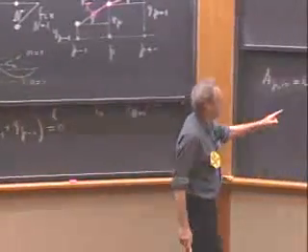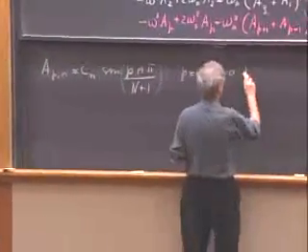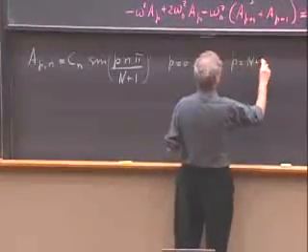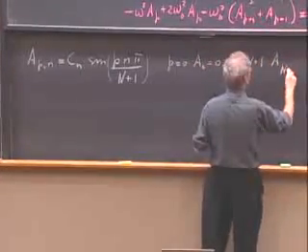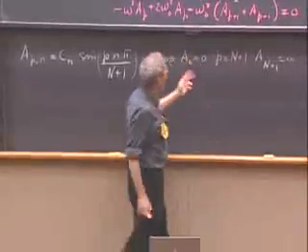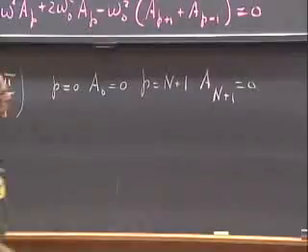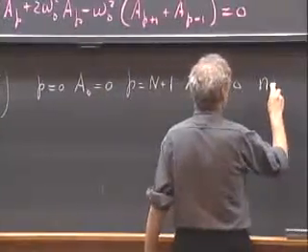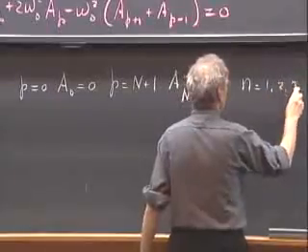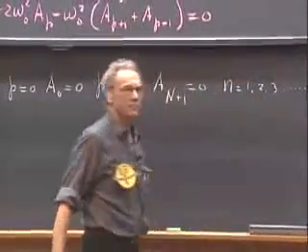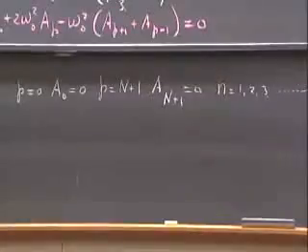Notice also that if you put in p equals n plus 1, that a_(n+1) is also always 0. Just put in p equals n plus 1: the sine of a multiple of pi is always 0, because n is now our mode. It's going to be 1, 2, 3, etc. These are the modes that we are looking for.